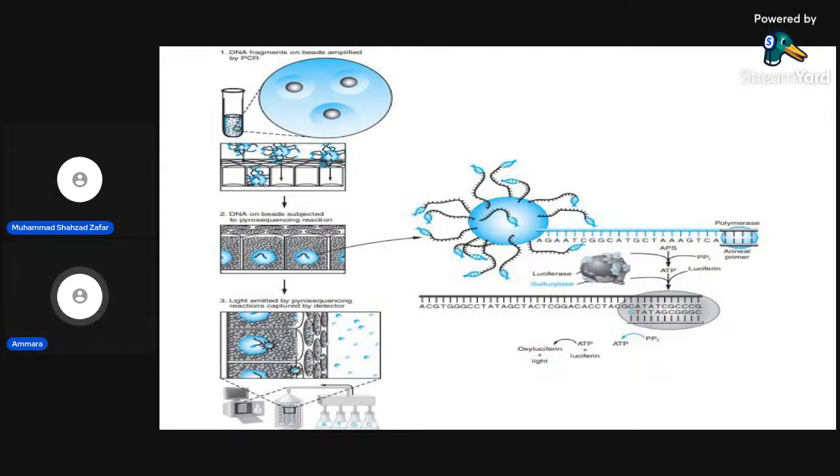So we know very well our whole DNA has a repetition of thousands of A, T, G, C. So we just use four dyes and label the four dNTPs, and we introduce thousands of dNTPs labeled with four dyes on the chip. When we introduce our DNA attached with adapters on that chip, it will bind with the complementary adapters and with complementary dNTPs, light will be generated, and different peaks will be generated.